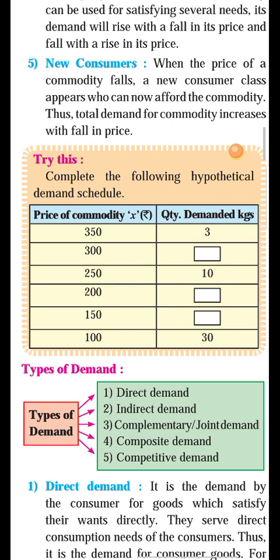So: 3 kg to 7 kg, 7 kg to 10 kg, 10 kg to 15 kg, 15 kg to 20 kg, 20 kg to 30 kg. In this way you can fill these boxes to understand the law of demand. Price decreases, demand increases. It is just for understanding.